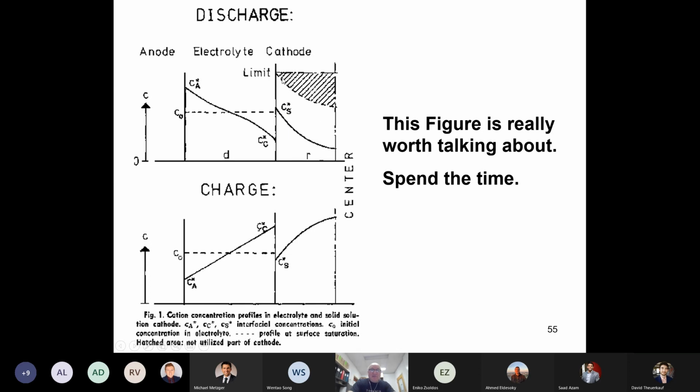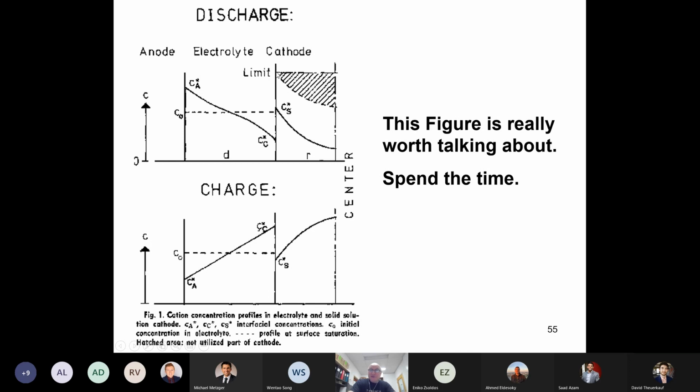As the discharge continues, this line that you see moves up, and up, and up, and eventually it reaches this point where the surface of the positive electrode material, if it's titanium sulfide, reaches the limit, LiTiS2. You can't put any more lithium in, so the surface becomes full, but the interior is not yet full, because of the shape of this curve.